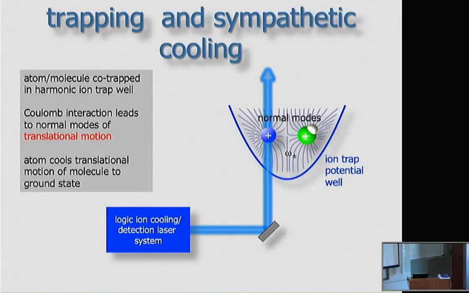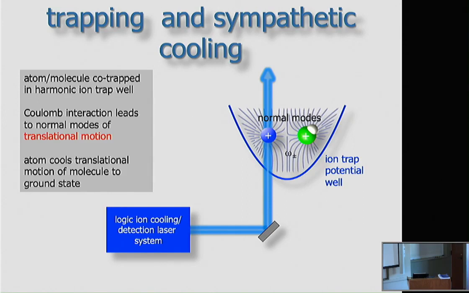So how is the experiment really done? We basically trap a logic ion and a molecule in a trap. In the axial direction of the trap, we get two frequencies of motion, omega plus minus. It depends on the relative mass of these two ions what omega plus minus are.